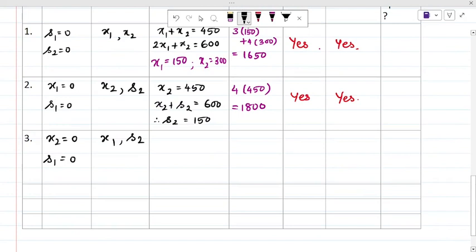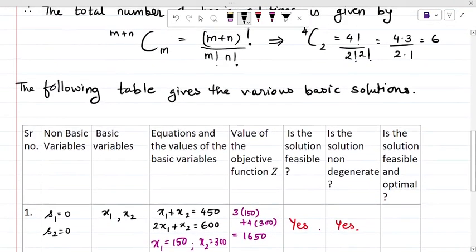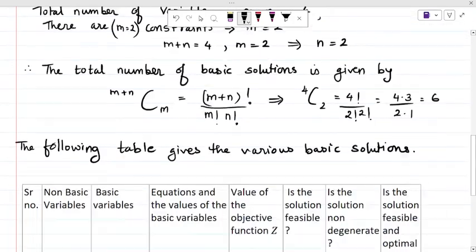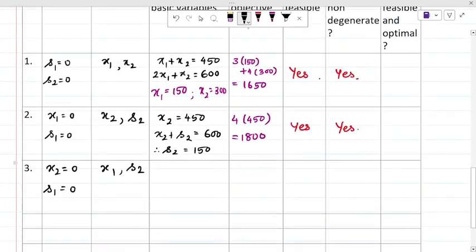In the first equation x2 is 0, so x1 equals 450.